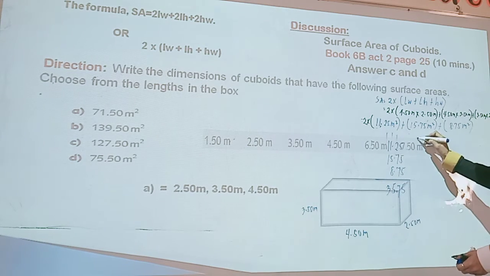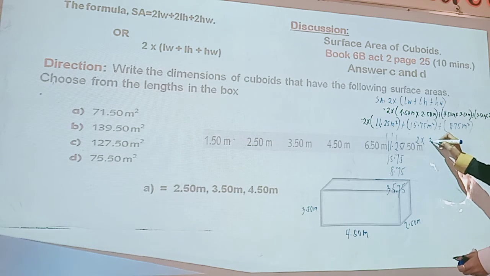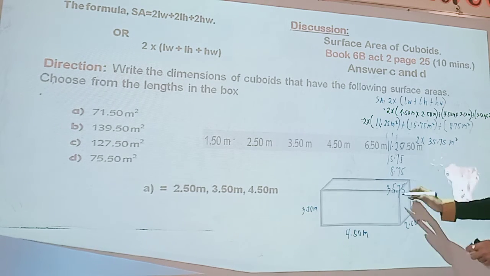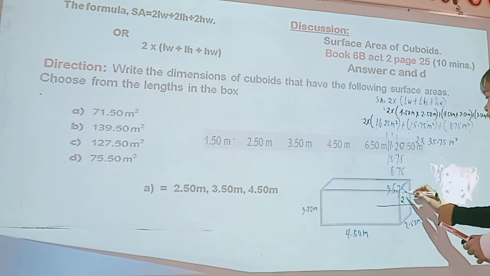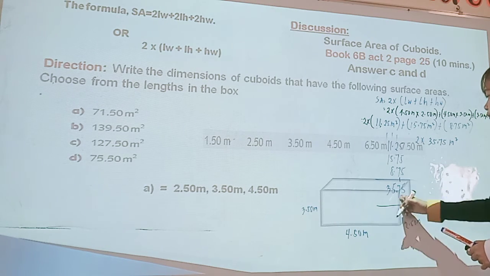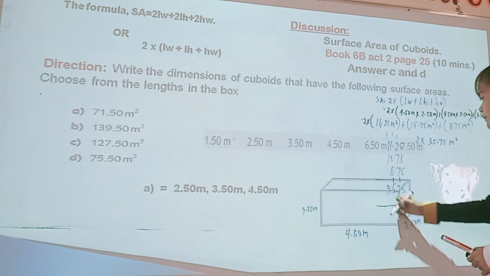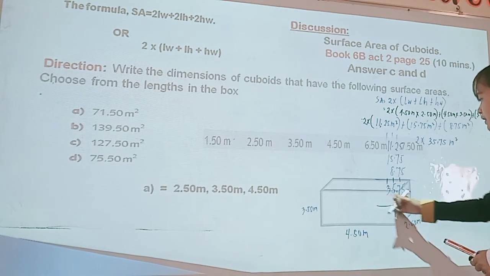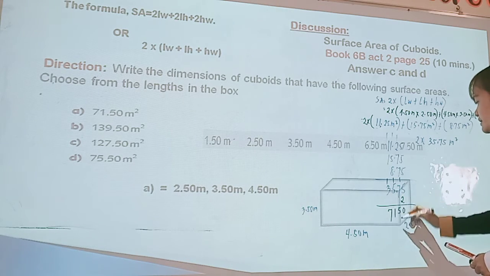Okay, so we need to multiply 2 times 35.75 meter squared. Let us multiply it by 2. 5 times 2 is 10, carry 1. 7 times 2 is 14 plus 1 is 15, carry 1. 5 times 2 is 10 plus 1 is 11, carry 1. 3 times 2 is equal to 6 plus 1 is 7. Only 2 decimal points.